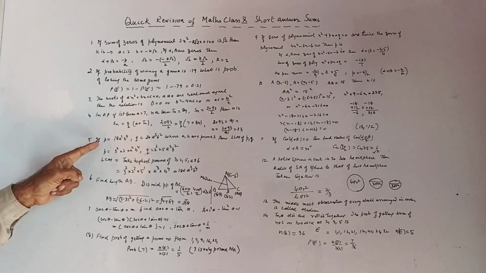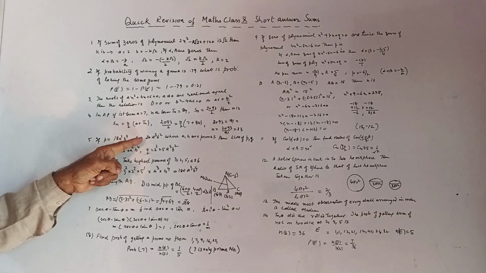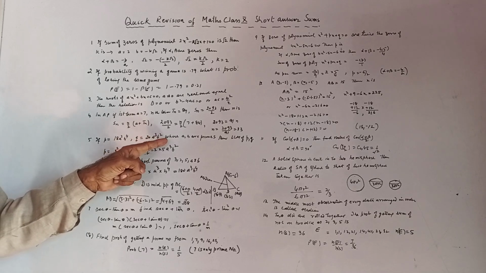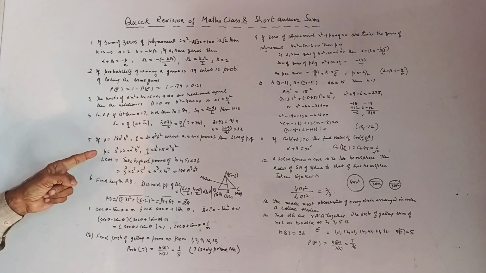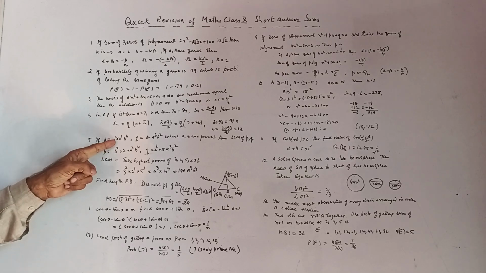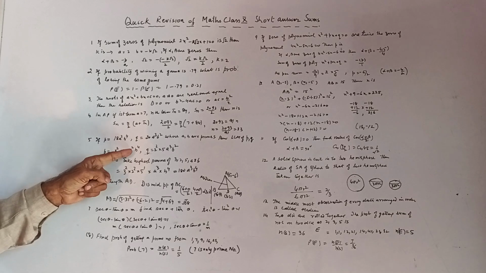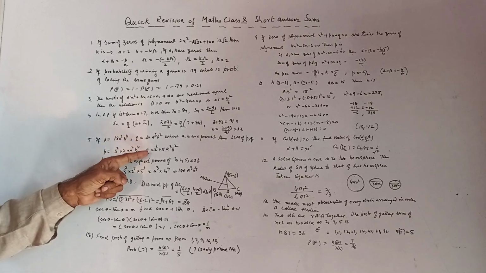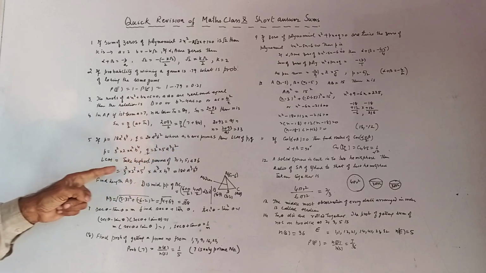Question number 5. If p is equal to 18 a square b to the power 4, q is equal to 20 a cube b square, where a and b are primes, then we have to find the LCM of p and q. Now p, factorize 18, 3 square into 2 into a square b to the power 4. Q is equal to, factorize 20, here 2 square into 5, a cube b square.